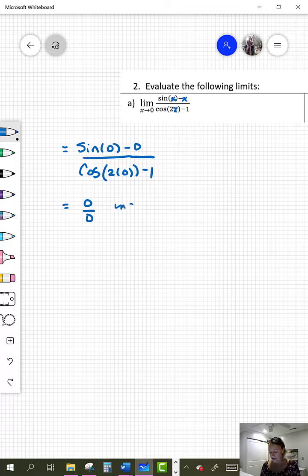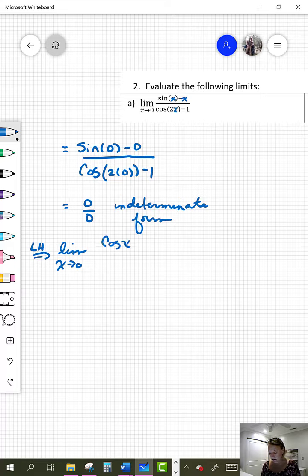And so again, we have an indeterminate form, and so we can use L'Hopital's rule. Looking at the limit as x approaches 0 of the derivative of the numerator, the derivative of sine of x is cosine of x, minus the derivative of x, which is 1, all over the derivative of cosine of 2x.